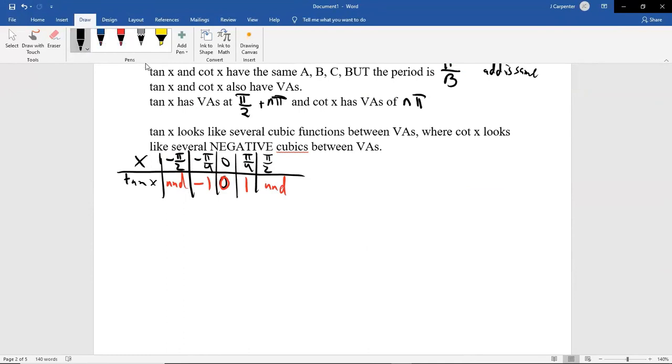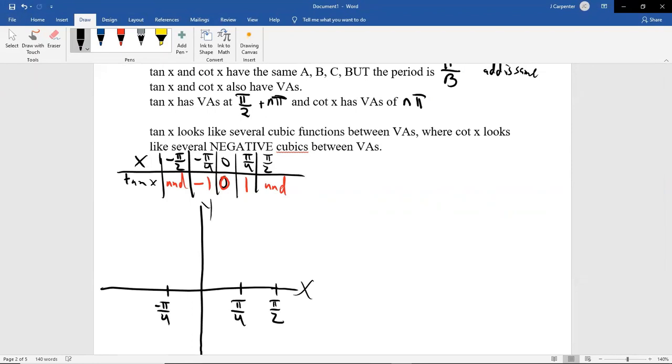So when we go to do our graph of this, let's do it here. Is that going to be good enough? Yeah, that'll be good enough. X, Y. I'm only going to go pi over 4, pi over 2, spacing equally negative pi over 4, negative pi over 2.